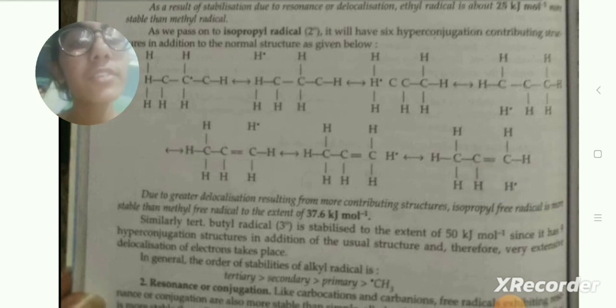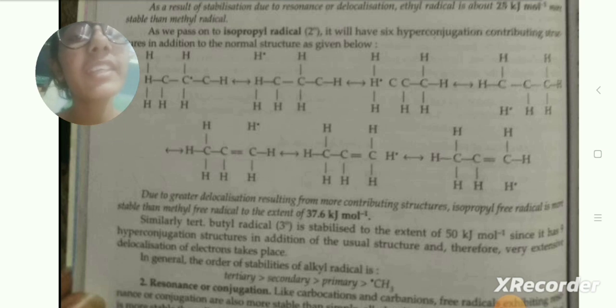As for the isopropyl radical (secondary), there may be 6 hyperconjugation structures in addition to the normal structures. Due to the greater delocalization resulting from more contributing structures, the isopropyl free radical is more stable than the methyl free radical, to the extent of 37.6 kJ per mole.